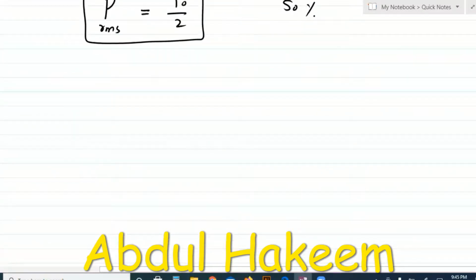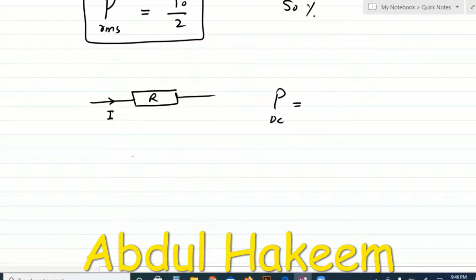Similarly, we can compare the power from the DC and the power from the AC. This is the resistor. First, it's working at direct current, which is I. So the power from the direct current will be just I squared R, because there is no change of polarity, no loss.